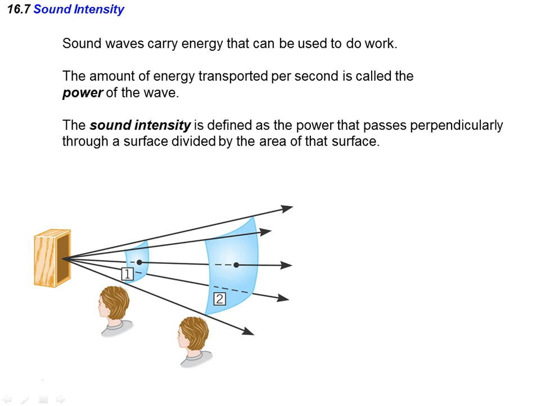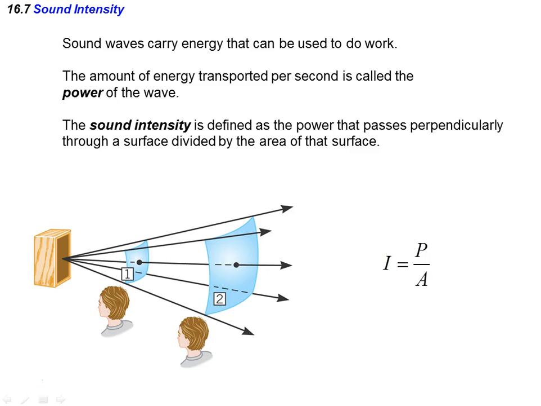When we talk about the intensity of sound, we define that as the power that passes perpendicular through a surface divided by the area of that surface. We will represent the intensity with an I and say that it is the power divided by the area. Notice as the area gets bigger, the intensity decreases.